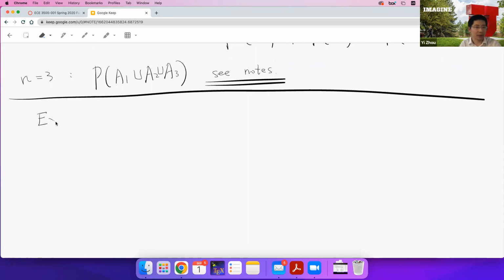Okay, so let's consider one practical example where we utilize this mutually exclusive structure to calculate probabilities. It's a very interesting problem called the matching hats problem. So we have n people, and everyone has a hat.